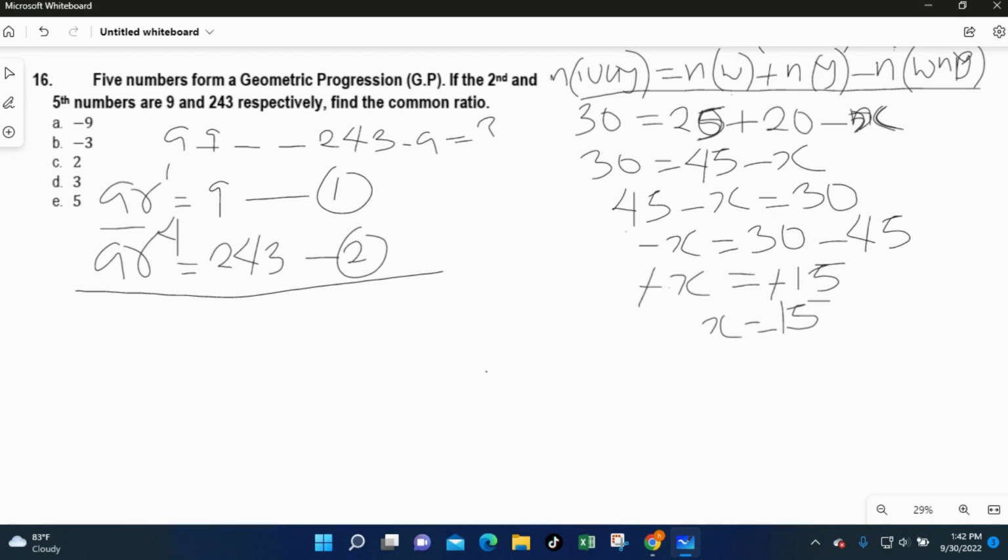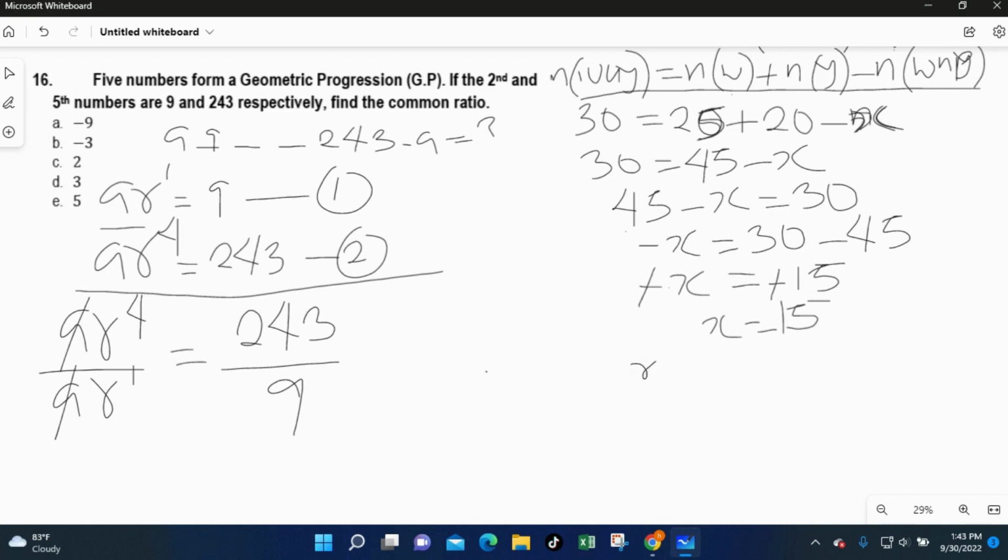That will give us AR raised to power 4 divided by AR raised to power 1, equal to 243 divided by 9. Now, A will cut A. Now we have R raised to power 4 divided by R raised to power 1.